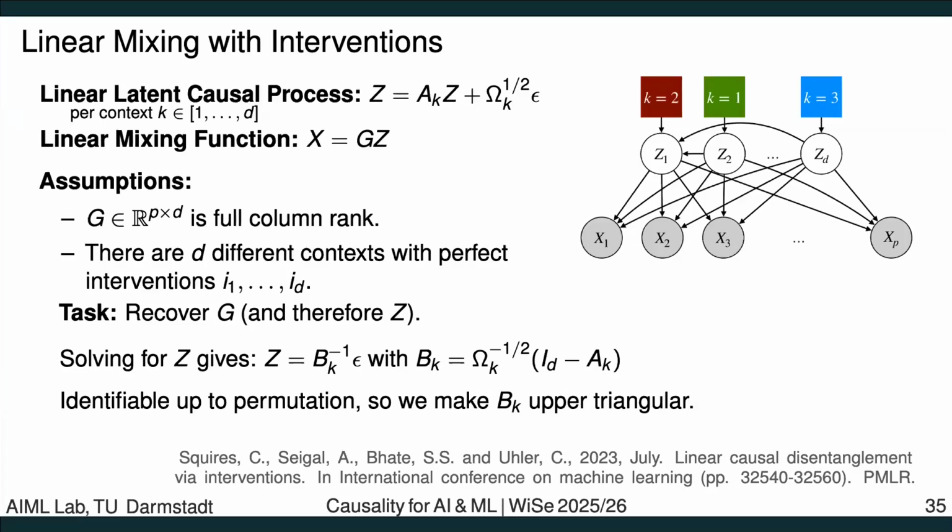So I need to be able to invert my mixing function, but I can't do that if it isn't full rank. This is basic first or second year math. So really, this is some assumption.